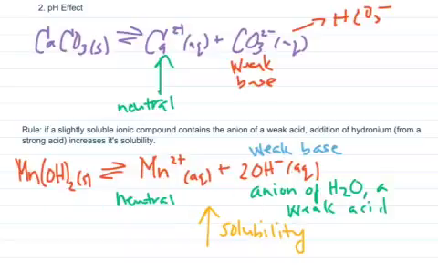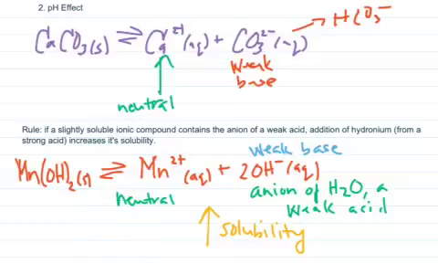Now, what happens when we add in a base, so a higher pH? That means the hydroxide is going to increase because we're adding more hydroxide to it, and the reaction is going to shift to the left, and the solubility will decrease.